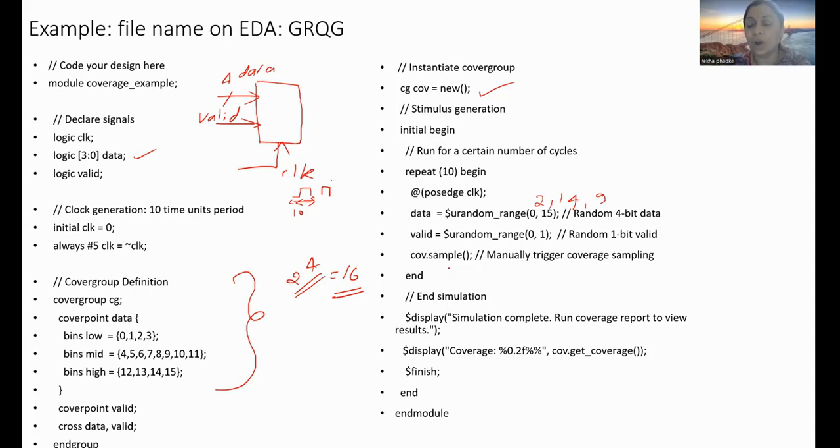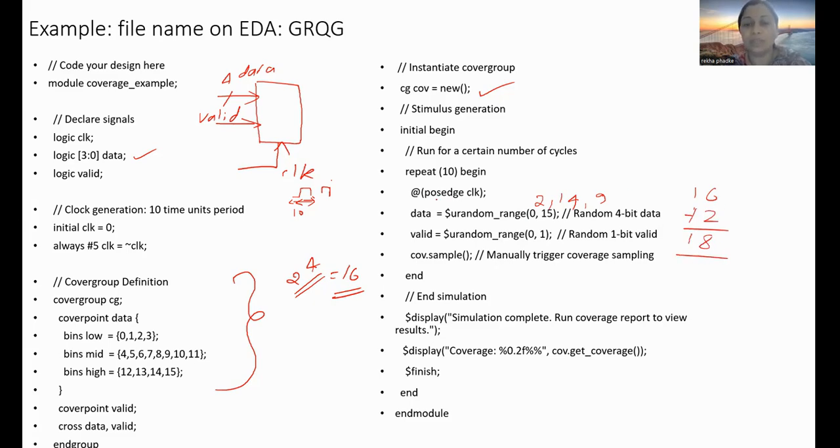And based on how many hits have happened for the given bins, it calculates the percentage of hits, total coverage actually. For example, among the 16 different values for data and the 2 different values of valid, I have 18 unique values I should get.